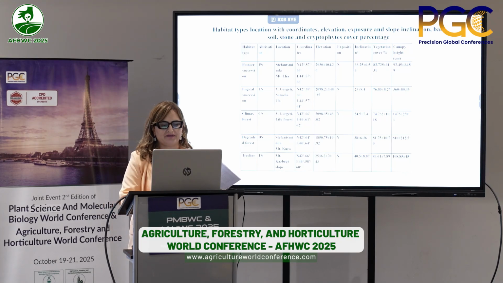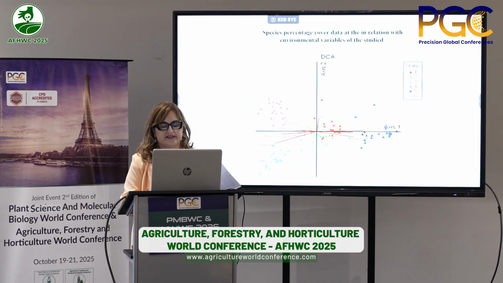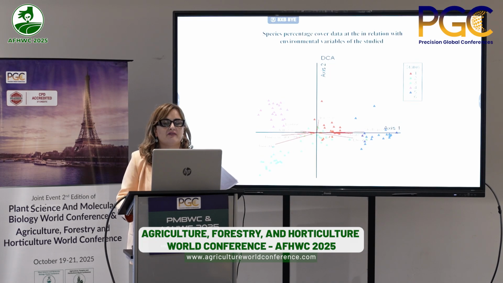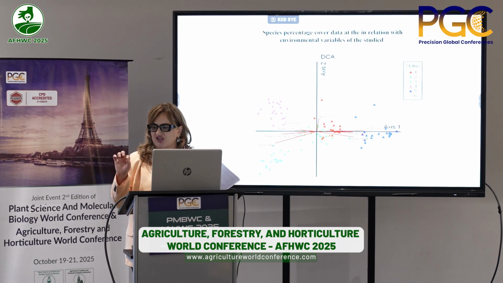So we had a lot of data, which we processed with different statistics programs. This was carried out in the PC-ORD program, where we combined environmental data and species cover percentage for all habitat types. We determined the cover percentage for each species.